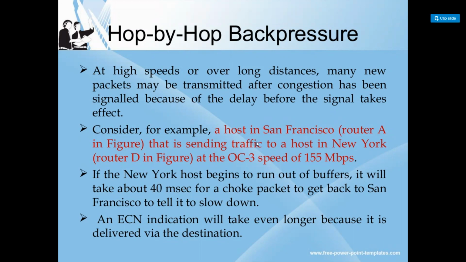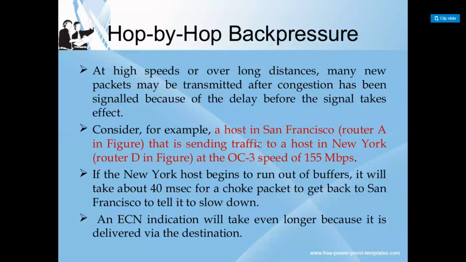Consider, for example, a host in San Francisco, router A in the figure, sending traffic to a host in New York, router D, at the OC3 speed of 155 Mbps.